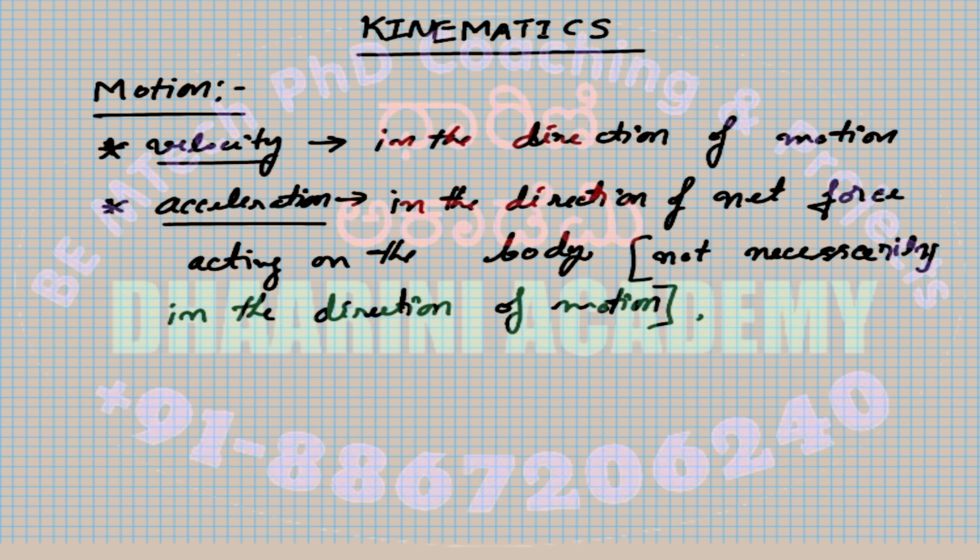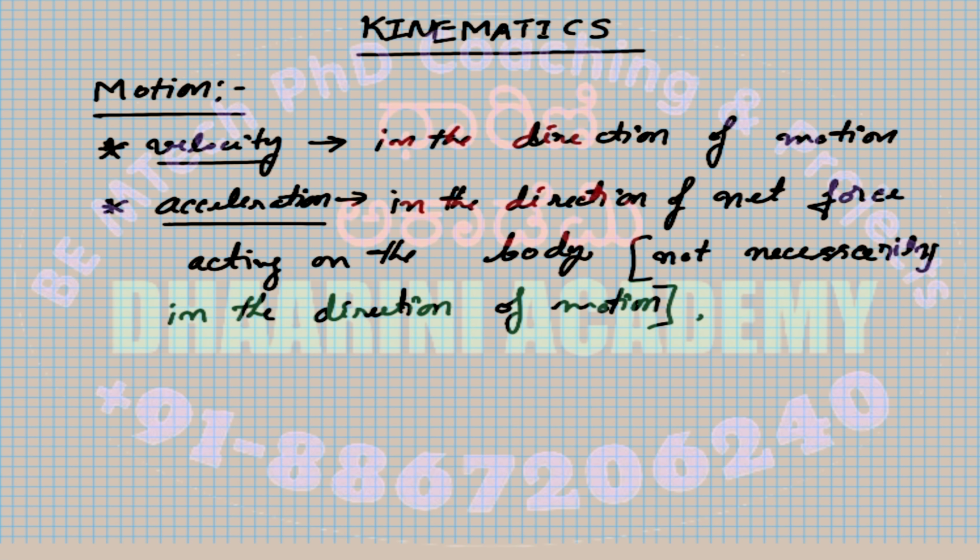So motion along a straight line implies it's one dimension. In that case, we are going to call the motion one-dimensional motion. All right.